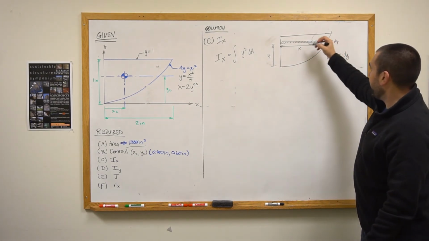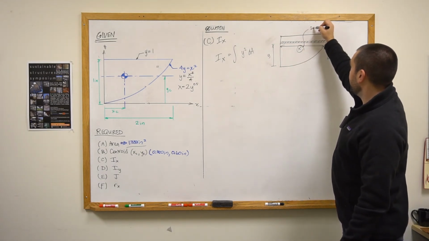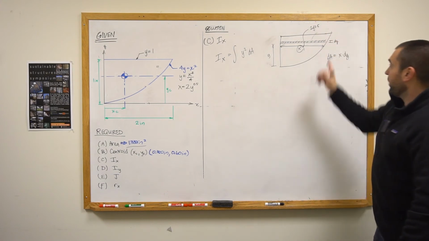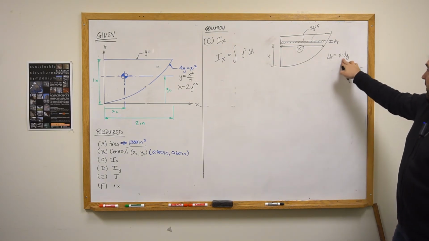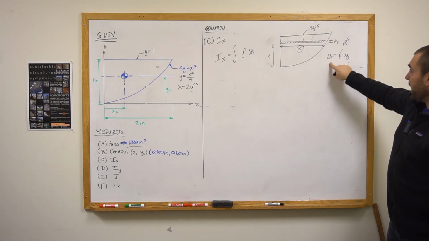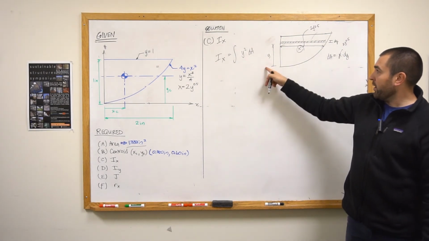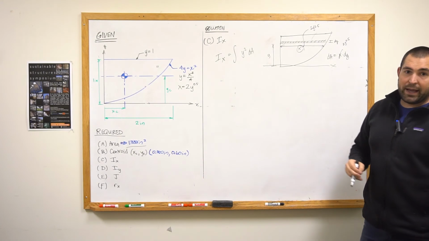We've already figured out what x is equal to before. x is simply equal to 2y to the 0.5 power. So we have everything we need to figure out what the moment of inertia is, because I simply plug in my equation for dA right here. y squared, I'm already defining as the distance from the x-axis.